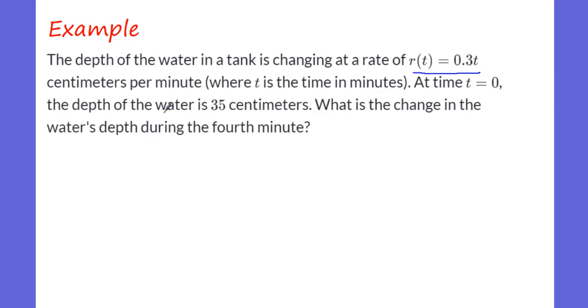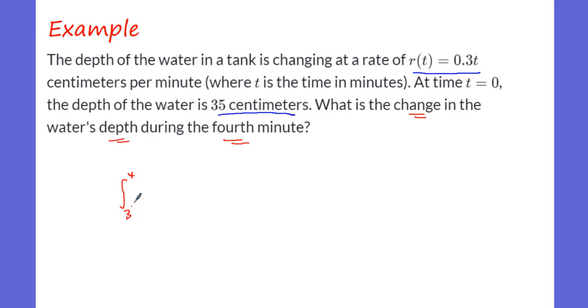At time t = 0, the depth of water is 35 centimeters. We want to find the change in the depth in the fourth minute. If we're trying to find the fourth minute, we're just looking from 3 to 4, aren't we? We're not looking for the depth at 4 minutes, which means we're not really using this 35 centimeters.